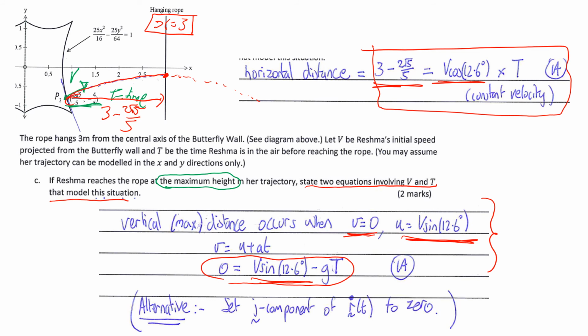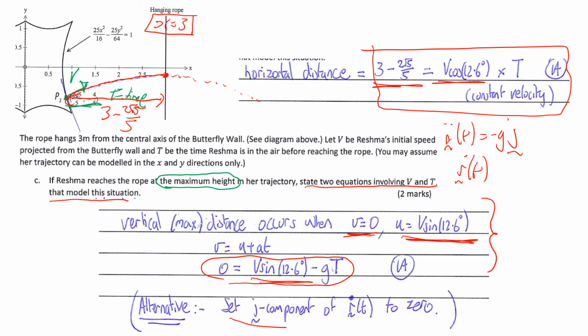Okay, now an alternative way to go would be to just set up, again, start with r double dot t equals minus g in the j direction, get an expression for r dot t, and appreciate that's going to be equal to v cos 12.6 degrees i plus (v sin 12.6 minus gt) j, and setting the j component to 0.